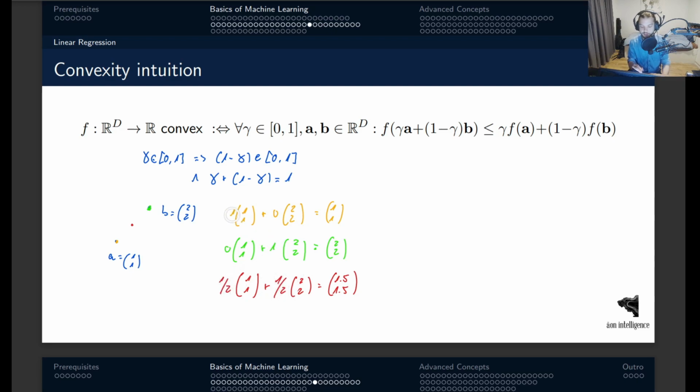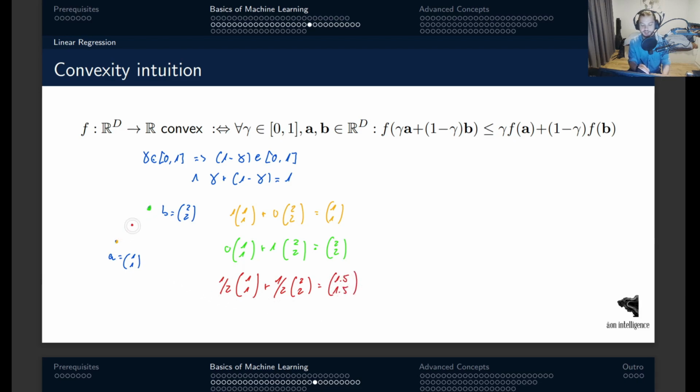So this first example is 1 times point A plus 0 times point B, which is just point A. In this example, we have 0 times point A plus 1 times point B, which is equal to point B. And now if we split the weight of these vectors evenly, we have 1/2 times point A plus 1/2 times point B, which is the vector 1.5, 1.5.